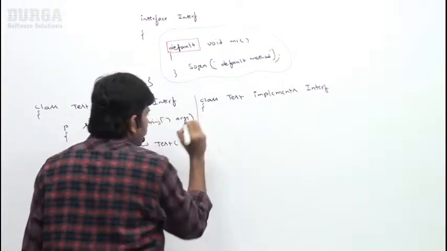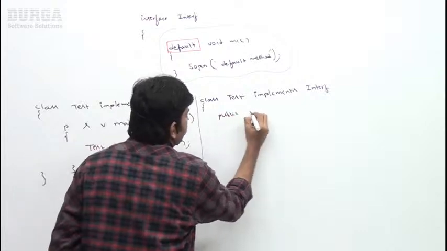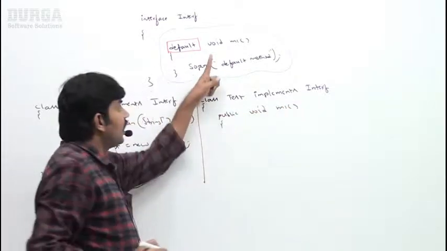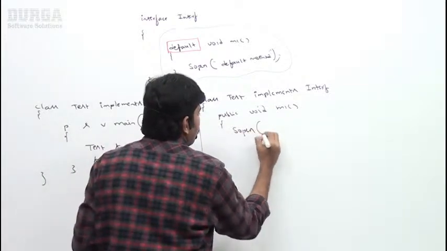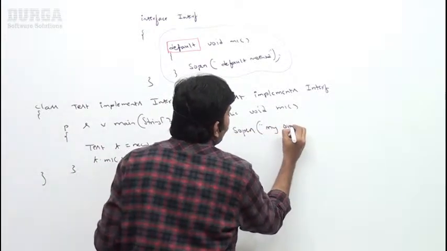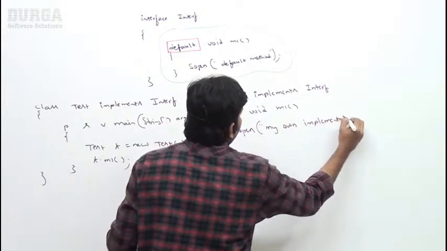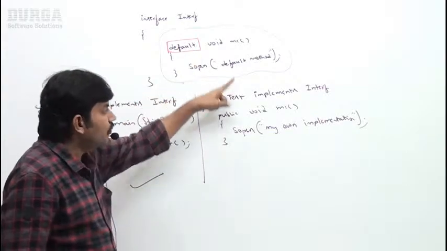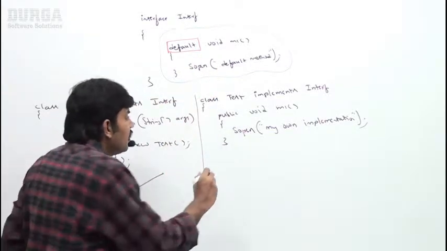Now public void m1. Have you observed, right? I am trying to override, with System.out.println("my own implementation"). I'm trying to override the interface default method in the implementation class.